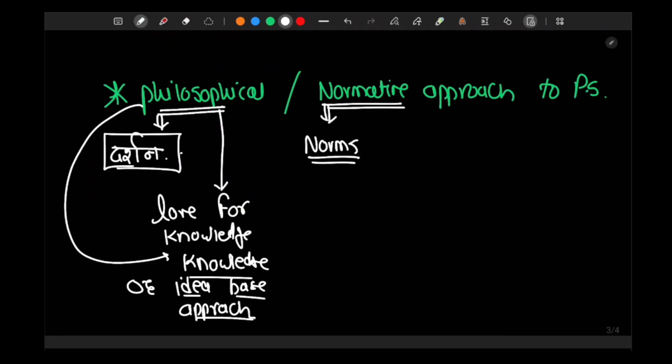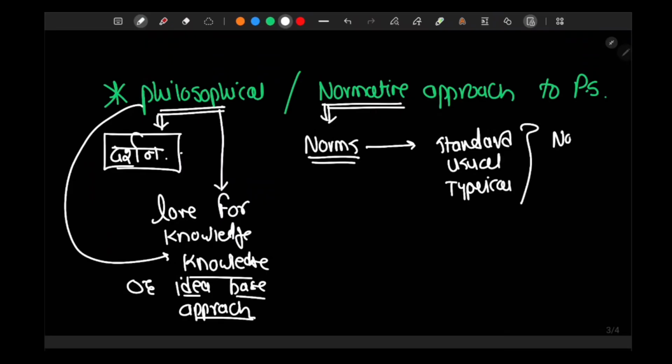Norms are some basic principles which are not codified, which have to be followed by by and large the whole society, right? Norms are standard, usual, typical.